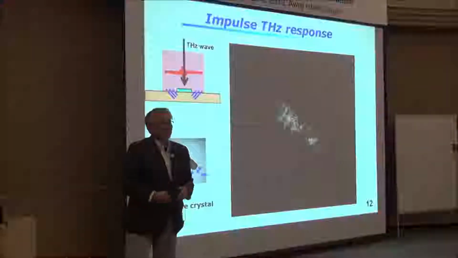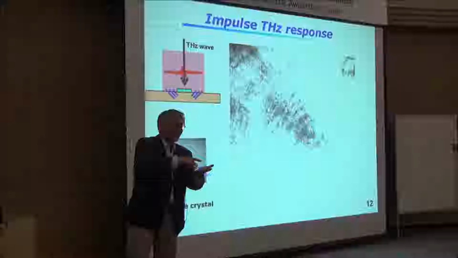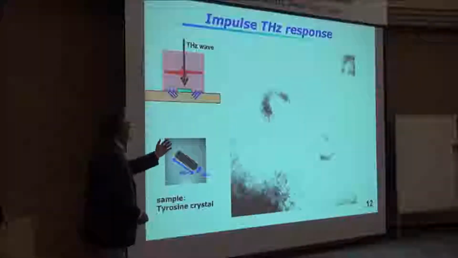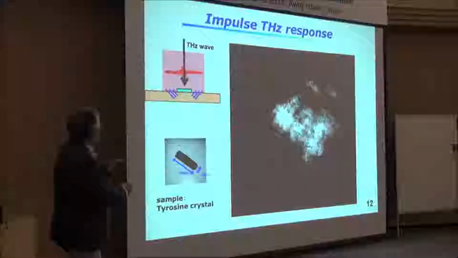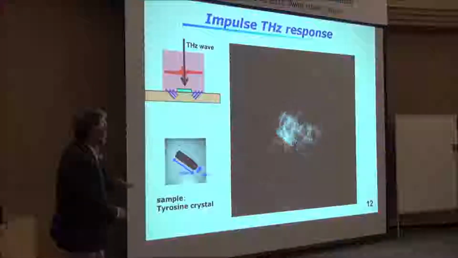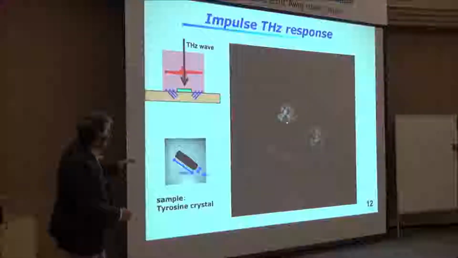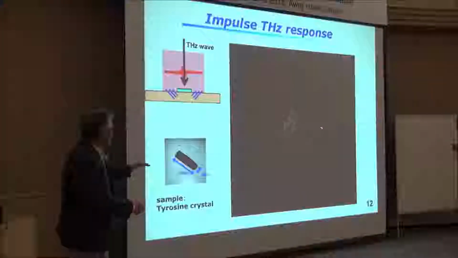But using our method, you don't need to make a pellet. Just put the crystal on our ATR prism and see what's happening. So this is a tiny crystal, and we just shine the terahertz wave pulse, and the material responds like this. You can see some waves appearing from this crystal.